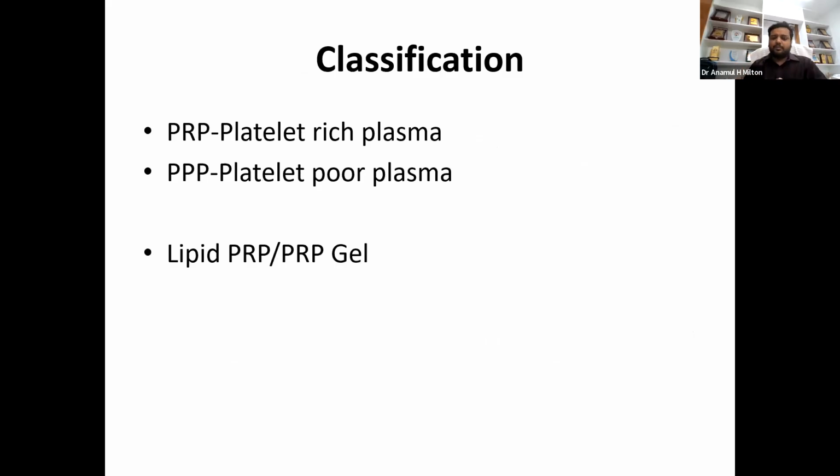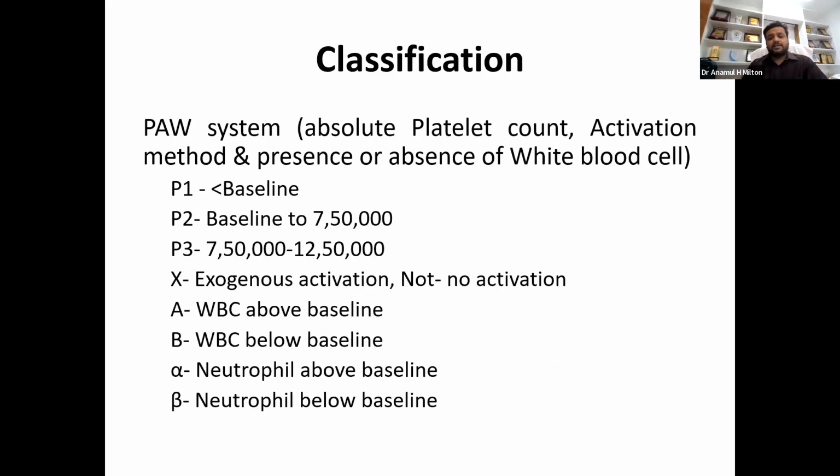In case of classification, there are many classifications, like platelet rich plasma or platelet poor plasma, liquid platelet or gel platelet. Another classification is called the PAW classification. Here they classify it into segments. Suppose my baseline platelet count is 2 lakhs. P1 is below or near 2 lakhs.